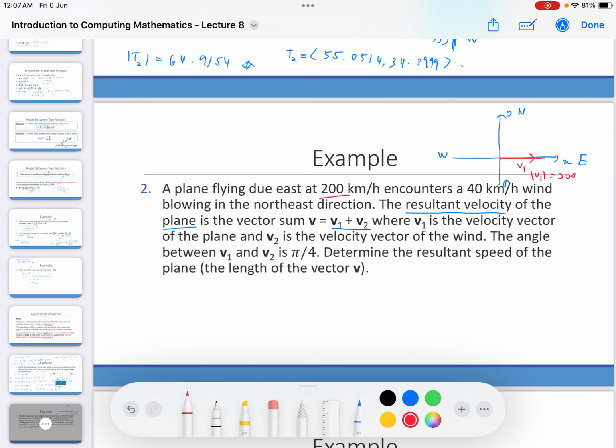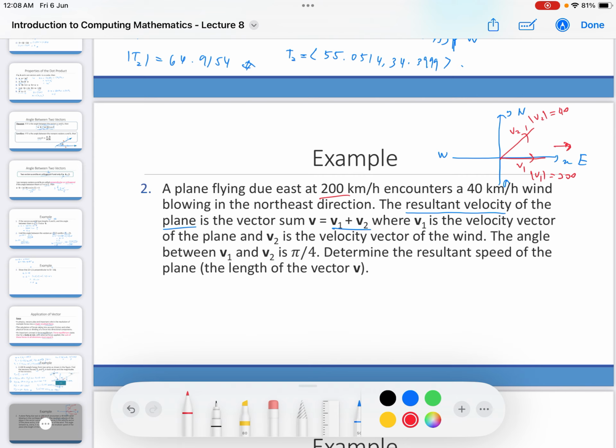Then we have the wind blowing in the northeast direction. Let's say the northeast direction is this way. The velocity vector for the wind is v2, this one, with the magnitude of v2 equal to 40 km per hour. Basically this one is the direction of the plane, but we also have the wind.